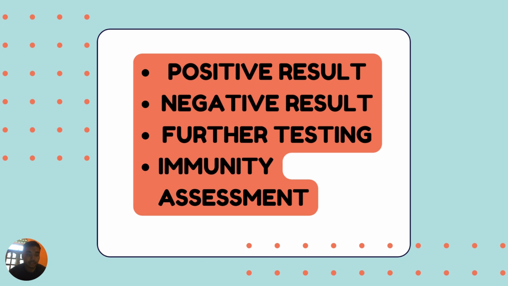A negative result means that no specific antibodies were found in the blood. This could indicate that the person has not been exposed to the infection or has not developed antibodies yet. It does not necessarily rule out the possibility of recent infection, as antibodies may take time to develop.